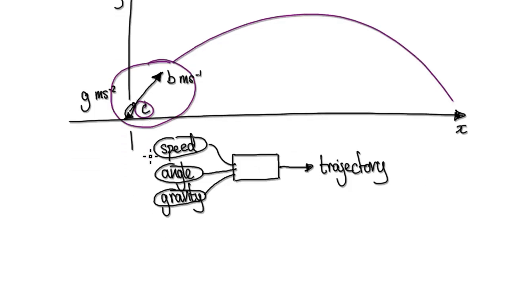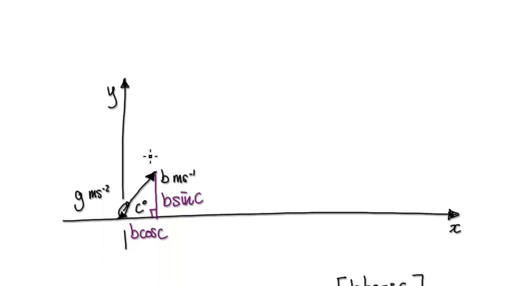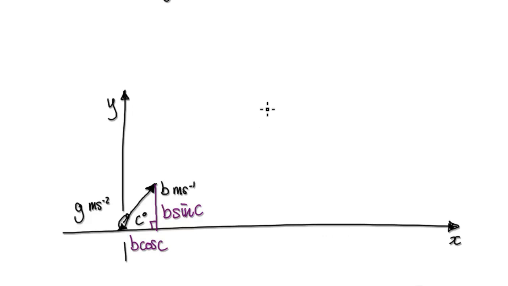So the first task is to break up this speed at this given angle. So looking at the speed here, we need its velocity vector. Well, the velocity vector, let's break it up. So currently it's being fired at a speed of b at an angle of c.